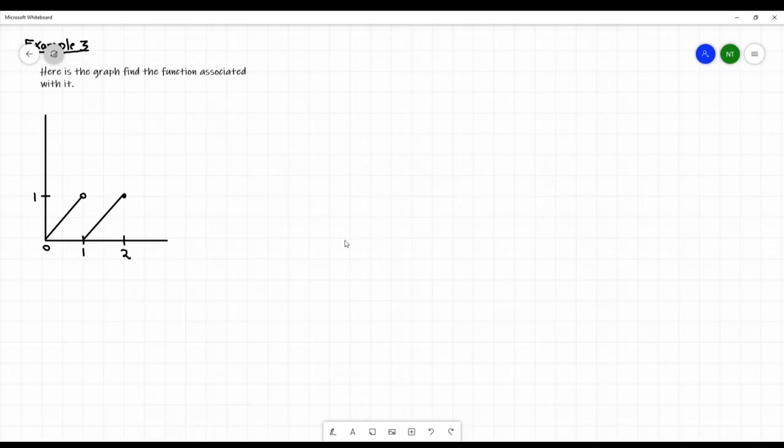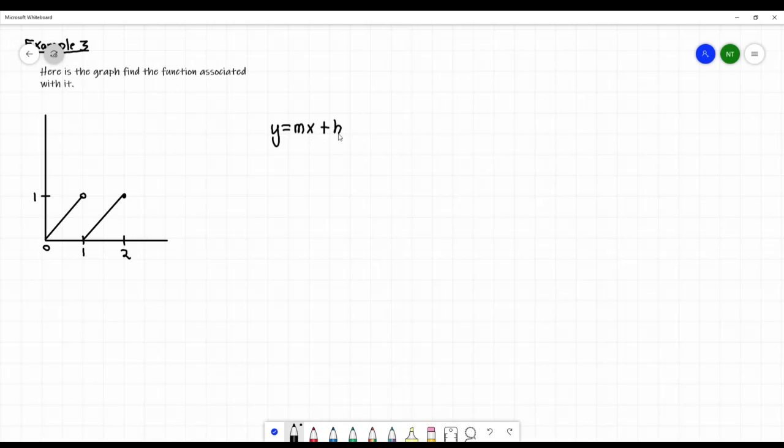In order to find the formulas for the lines, we're going to use a very well-known formula called y is equal to mx plus b.